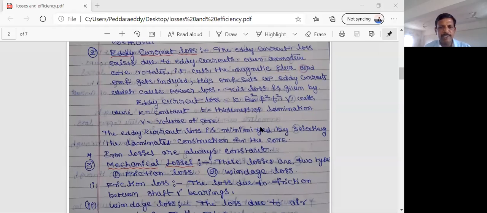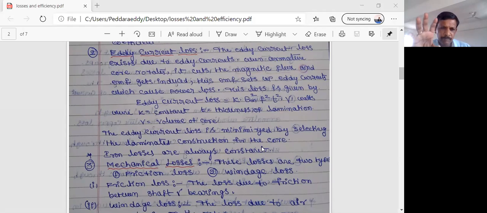The eddy current loss is minimized by selecting the laminated construction. So why do we use laminated construction instead of a single core piece? That is why we prefer laminated structures in transformers, in generators, in the armature core and in field poles.